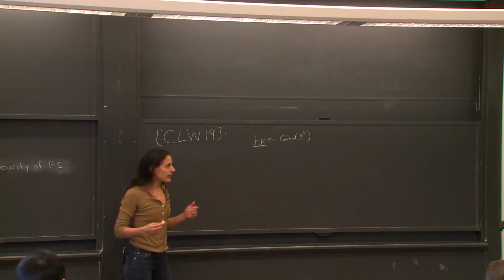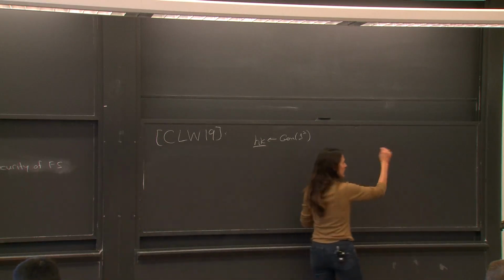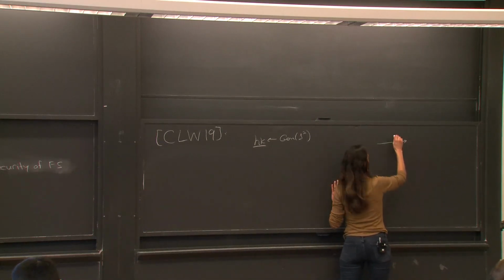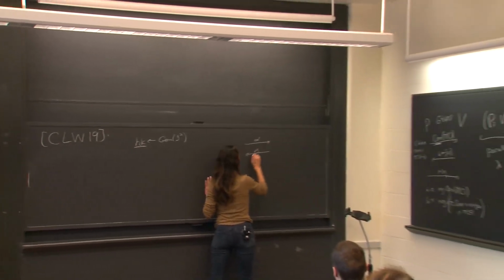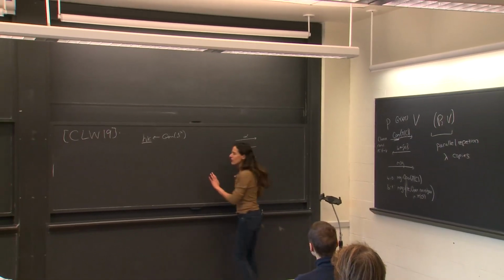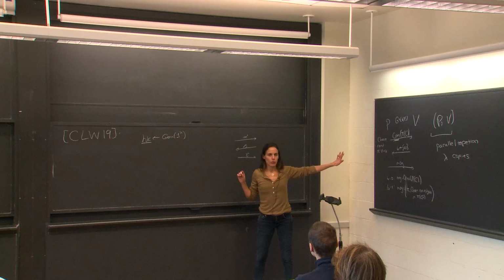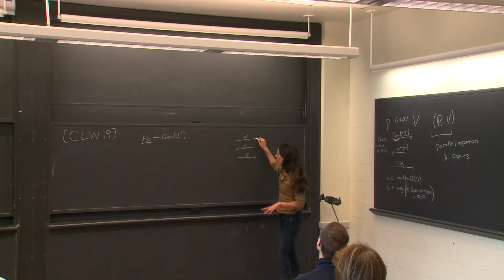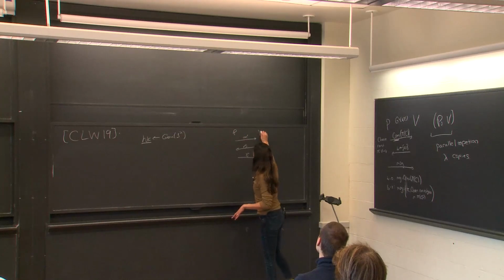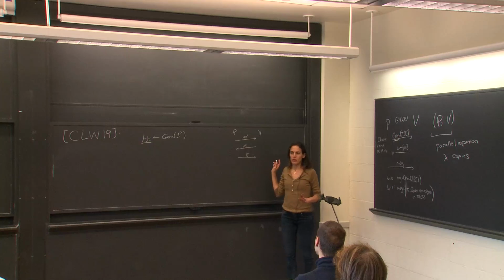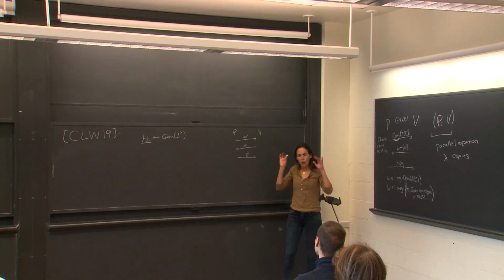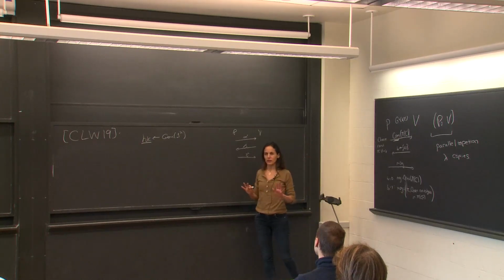And now let me denote, for simplicity, these messages by alpha, beta, and gamma. Even for now, let's not think of this specific protocol, let's think of just a protocol. The prover sends alpha, verifier sends beta, prover sends gamma. Let's not even go into the specific details.